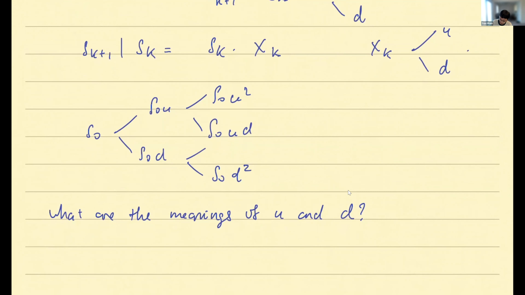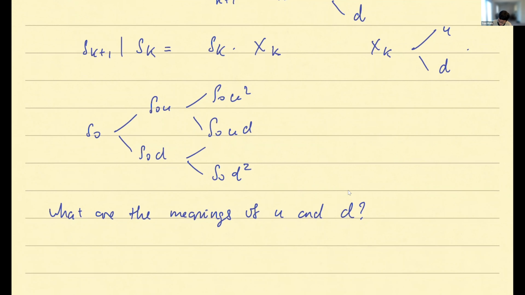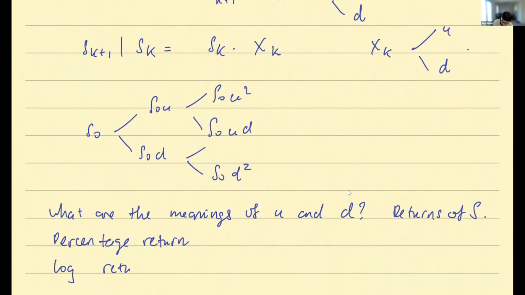Okay, so to save us time, the meanings of U and D are exactly about the returns of the stock. Fundamentally, we'll talk about this later. When you look at a stock, you don't necessarily care about the stock itself, but you care about its return. There are two concepts of return: log return or percentage return.